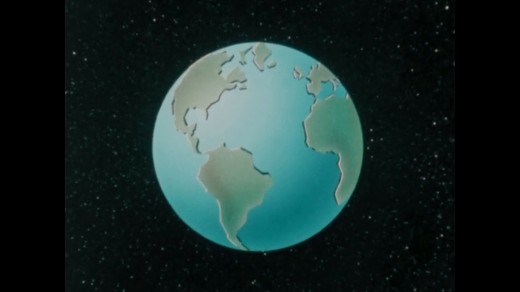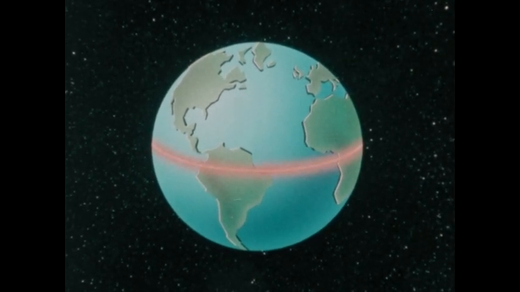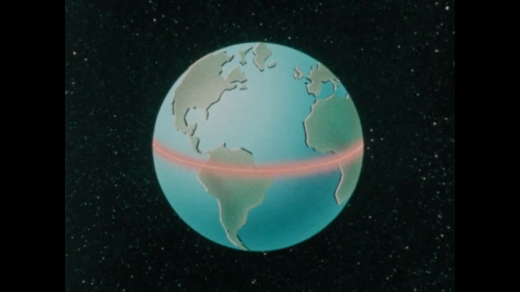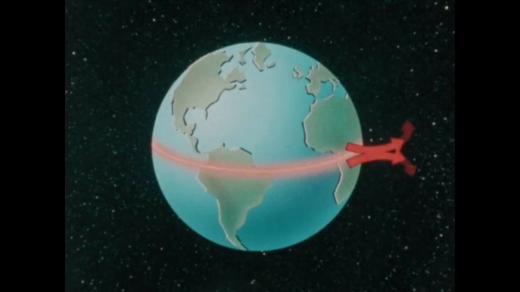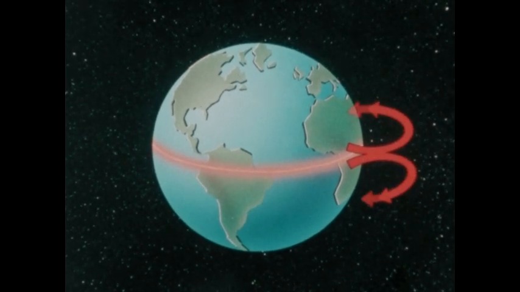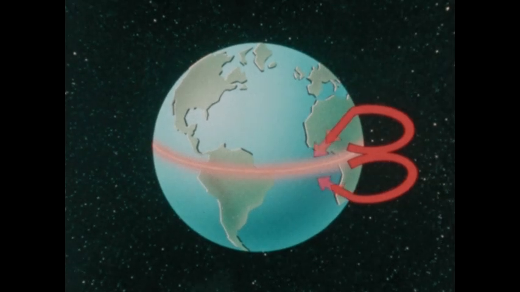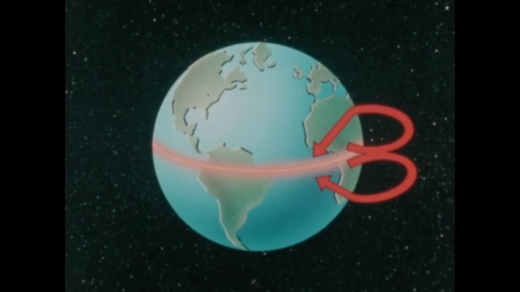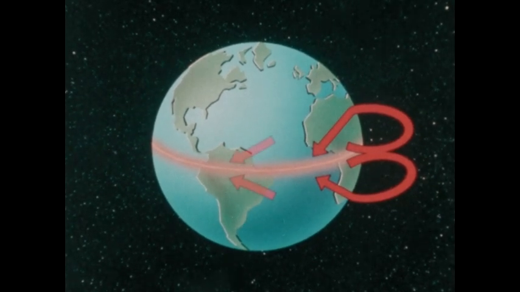Some winds sweep over the entire globe year-round. Near the equator, the tropical sun generates the largest convection cell on Earth. The return flow from this convection cell is deflected by Earth's spin, forming the trade winds.